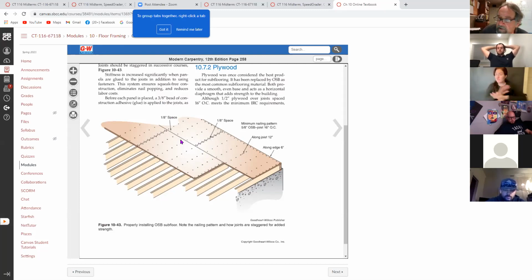This makes the simplest, strongest floor that we know about. In blueprints, it will specify the wood, and of course it's been delivered already, so the lumberyard got it right. But the blueprints will also tell you what kind of spacing for these nails, and the building code has a minimum spacing.